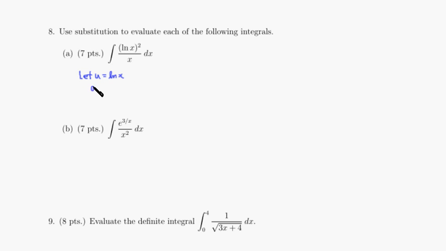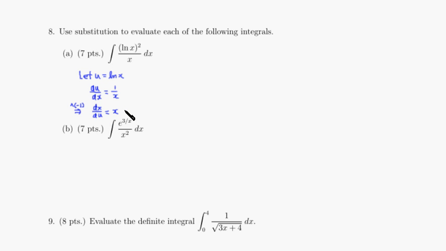Take the derivative of u with respect to x, which is going to be equal to 1 over x. Then take the reciprocal of both sides. I'll write it to the negative 1 power, so just put it upside down. dx over du is equal to x, or x over 1, same thing.